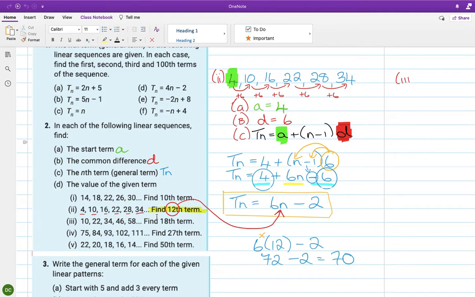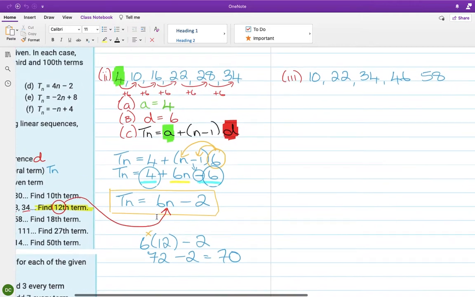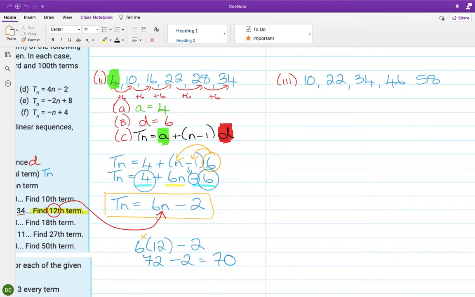And 10, 22, I'll move the screen now. 10, 22, 34, 46, and 58. Okay? Now, we're going to do the same thing. So, part A is the start term, which is A, and the start term of this sequence is 10.